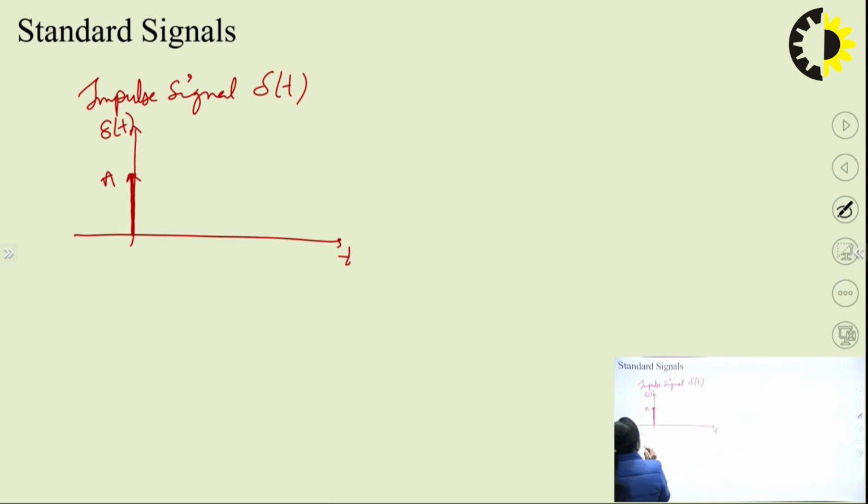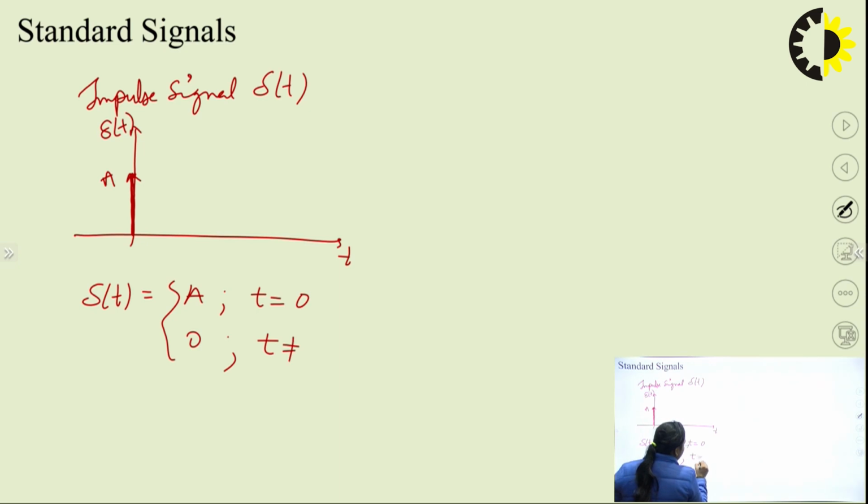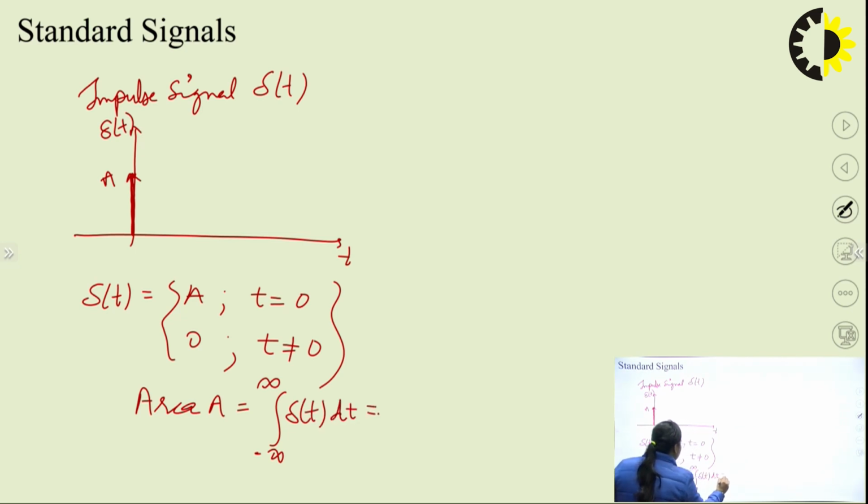Mathematically, delta(t) is equal to A only at a single point, that is t equals 0, and its value is 0 at all other points. And the value of area A is equal to the integral from minus infinity to infinity of delta(t) dt. Let me write this.